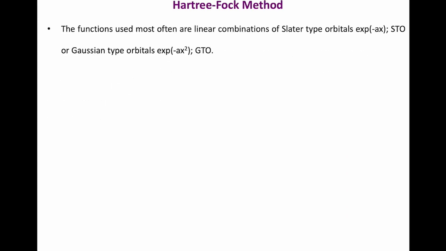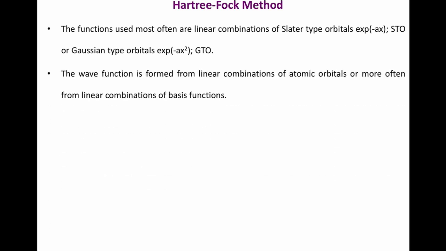In this Hartree-Fock method we have used two types of functions. The functions used most often are linear combinations of Slater type orbitals and Gaussian type orbitals. In Slater type orbitals, the function is exponential raised to minus ax, and in Gaussian type orbitals, GTO, it is exponential raised to minus ax squared.